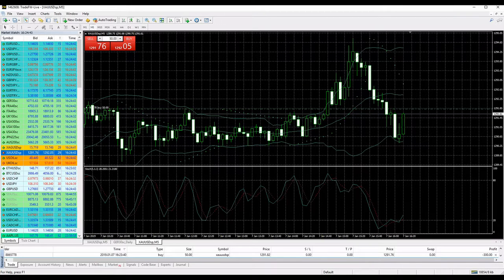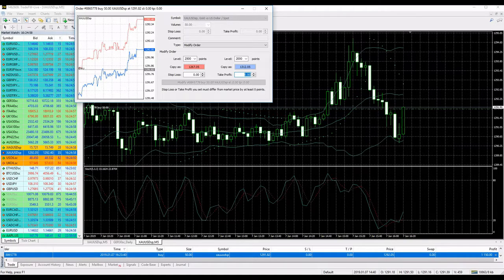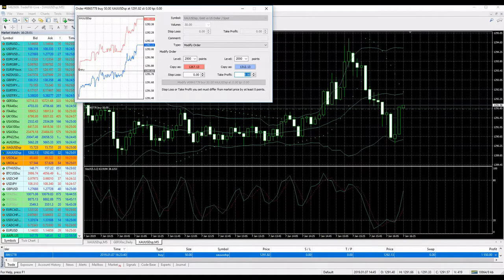Okay, let's put a take profit. We are making right now $400, $900. We just opened the trade and we are already making $1,500. Guys, this is a great trade. $1,600.